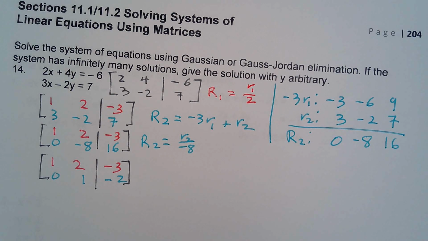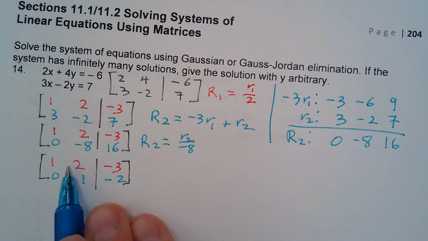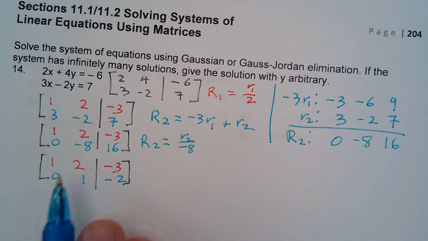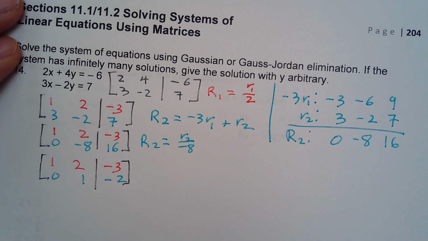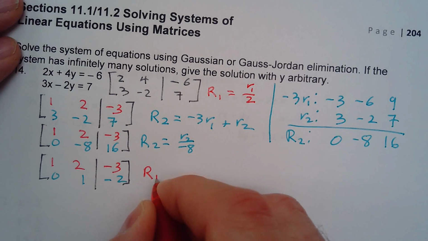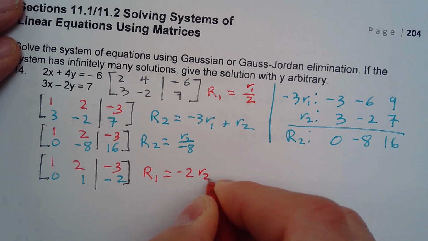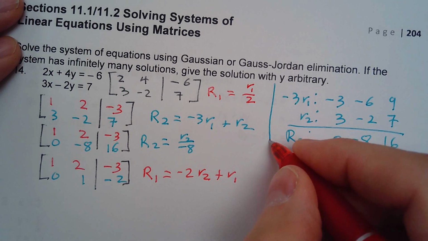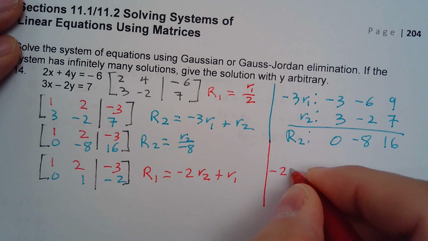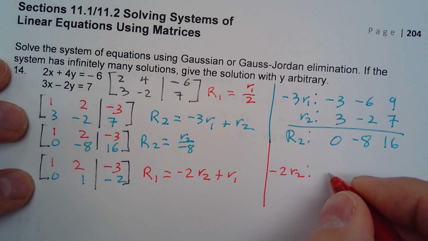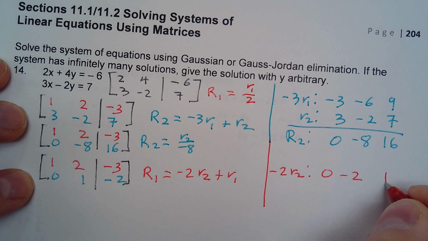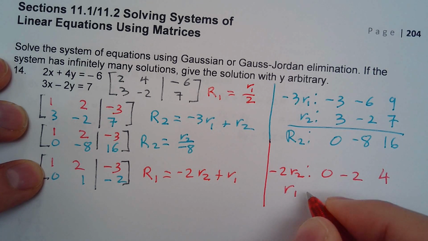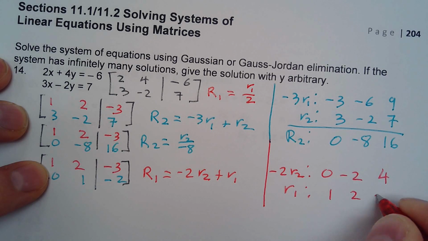And now my last step is I want to get a 0 here where this 2 is. So I'm going to multiply row 2 by the opposite of this number and add it to row 1. So notationally, it's row 1 equals -2 row 2 plus row 1. And again, I'm just going to do it off my scratch paper here. -2 row 2 would be 0, -2, 4. Row 1 would be 1, 2, -3.